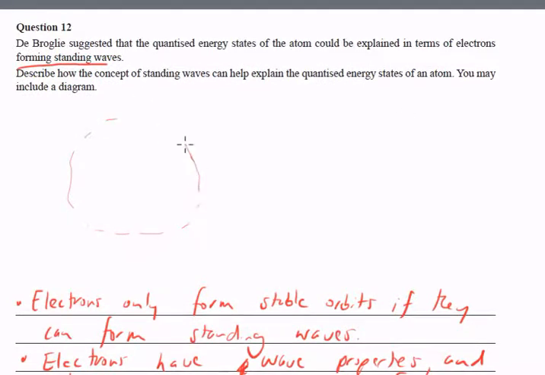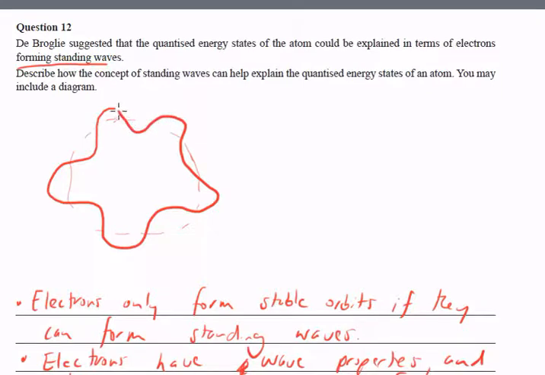So here's my electron shell. Let's see if I can draw the whole number of wavelengths in here. Here's a small one. Let's see if I can not draw a whole number of wavelengths in here. Okay, whole number of wavelengths.